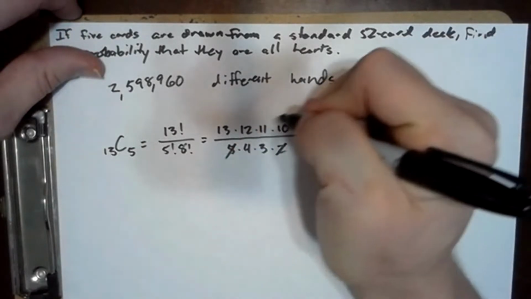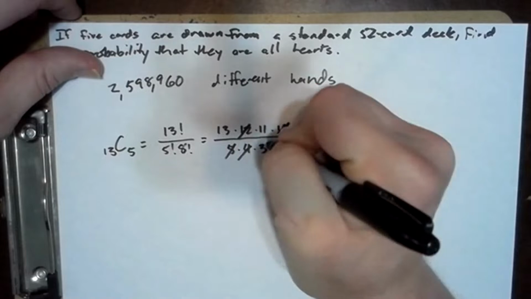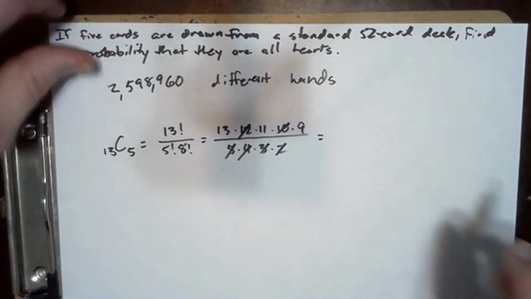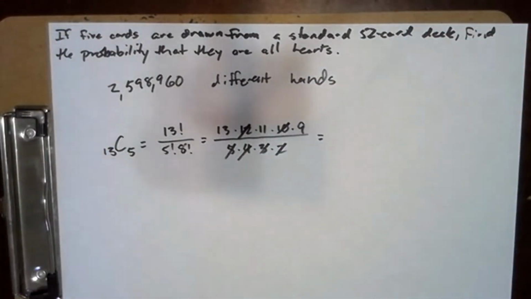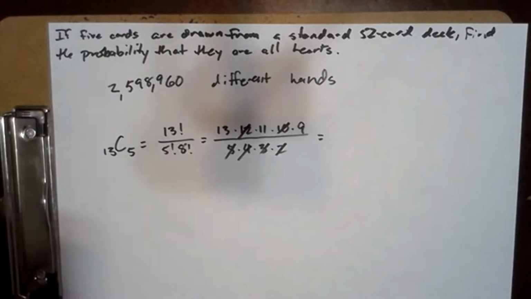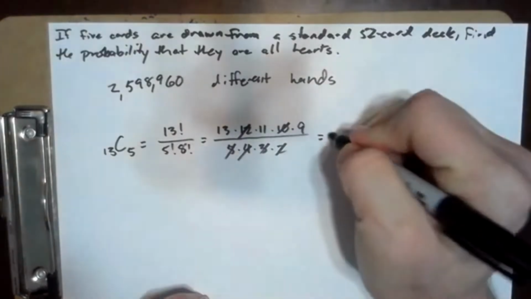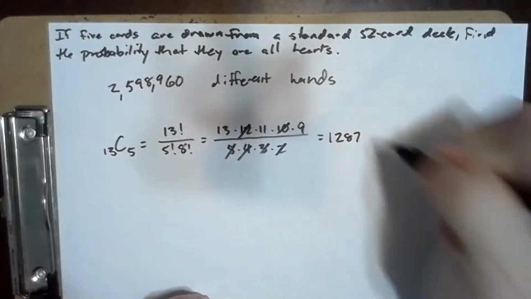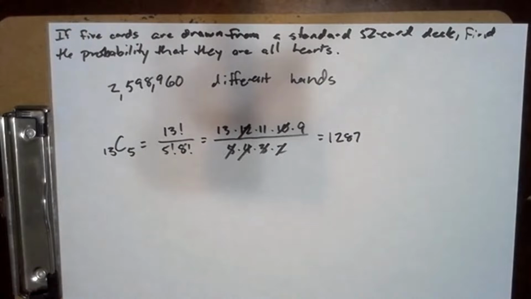That allows me to get rid of my 10 and my 12. So I've got 13 times 11 times 9. Grab a calculator. That's 1,287 hands that are all hearts.